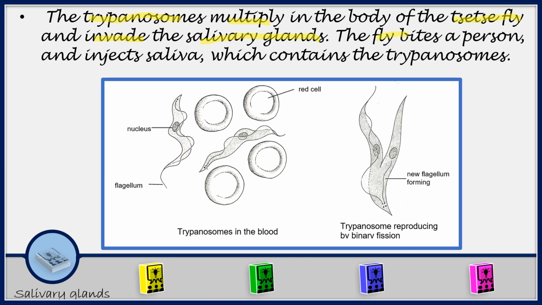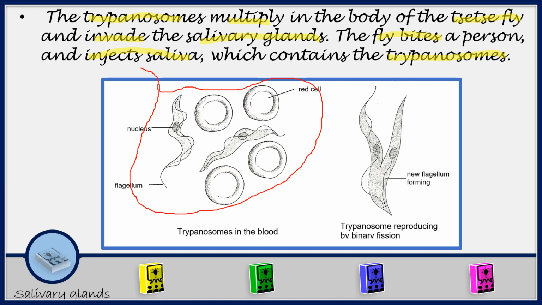Then the fly may bite another person who is healthy, and it will inject saliva into the healthy person, and this saliva contains the trypanosomes. Now, we are seeing that again, this tsetse fly has gone to pick blood from another person who is healthy.